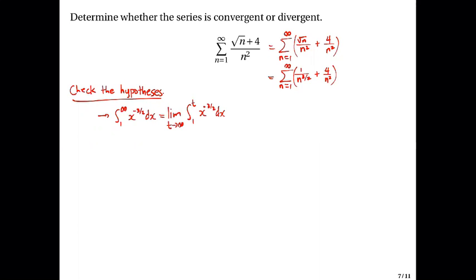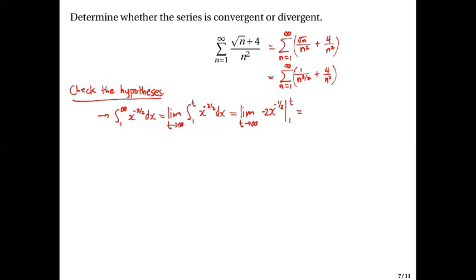And you know, the integral of x raised to negative 3 halves, that's easy to calculate. So we have the limit as t approaches plus infinity of x raised to negative 1/2 divided by 1/2, so you have negative 2 here. Then you evaluate this from 1 up to t.